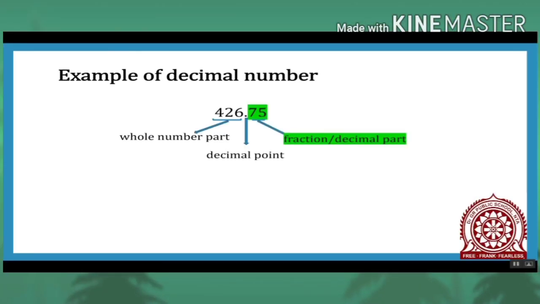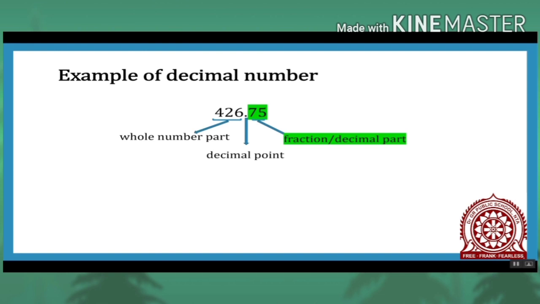To understand decimal numbers more clearly, let us see an example of a decimal number. So, here I have taken 426.75, which is a decimal number. The middle point is the decimal point. Before the decimal point, the number is 426. That is the whole number part.